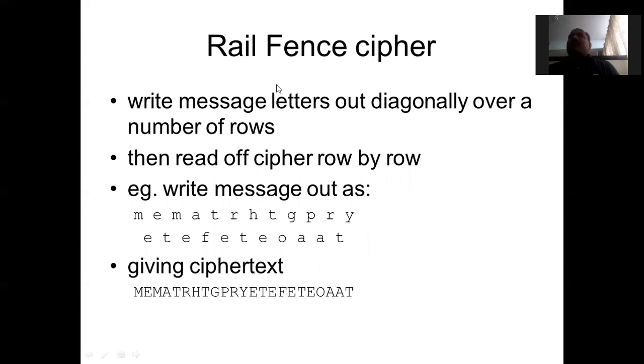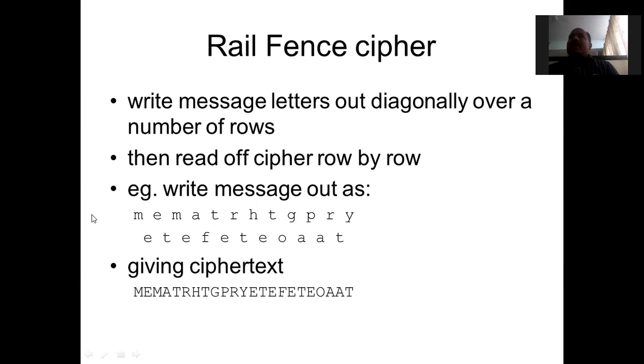Written diagonally, row by row, we have MEET, ME AFTER, THE, TOGA, PARTY.